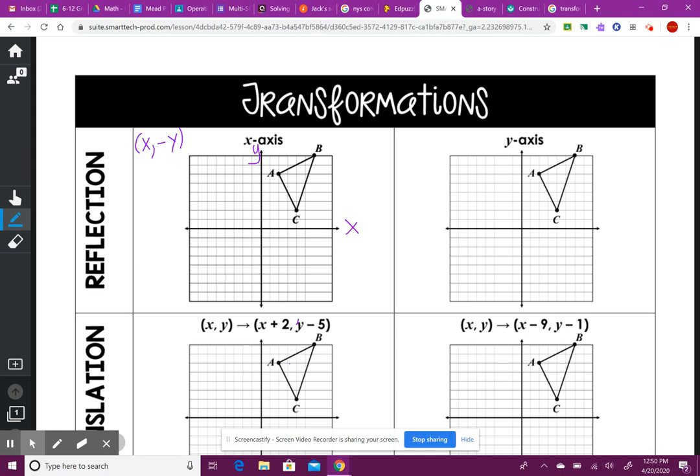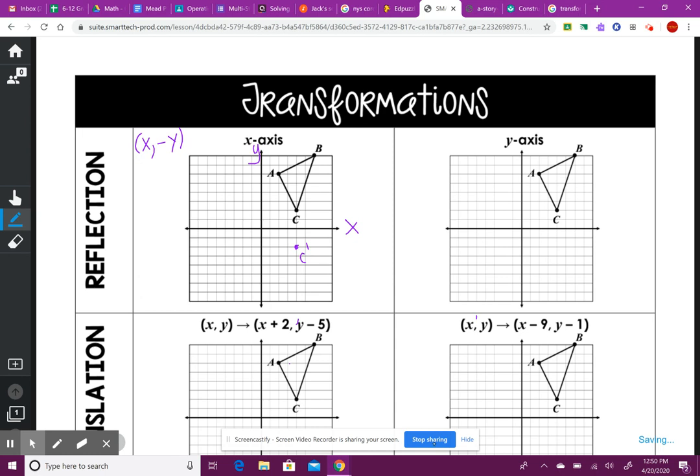But if you want to just do it by hand, which I like to do, I count my blocks until I get to my new location. So I start at C. I know until I hit the x-axis, I go down 2 blocks, which means I have to go 2 more to get to my new C. It's your mirror image. So C prime would be right here.